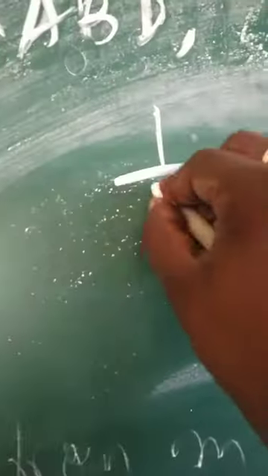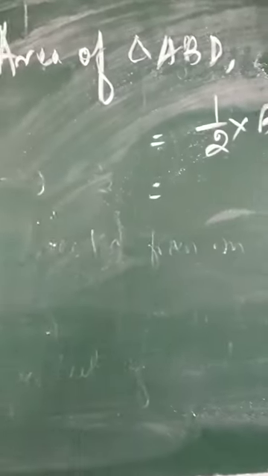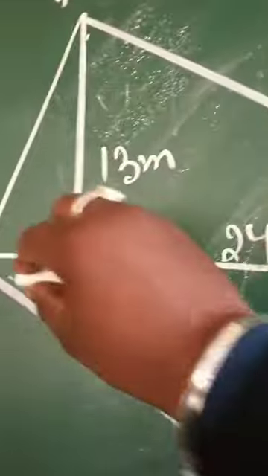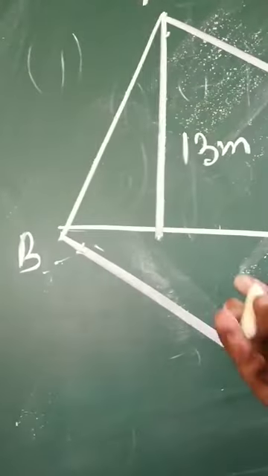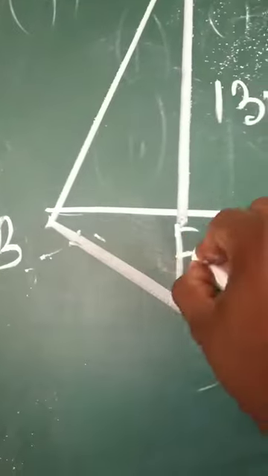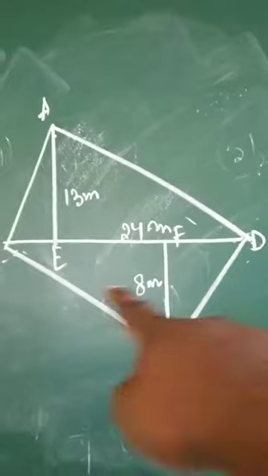So area of triangle ABD is half into base into height. Half into base into height is the formula of area of triangle. Here we can see 24 is the base of triangle ABD, and if we name the points E and F, AE is the perpendicular on BD.